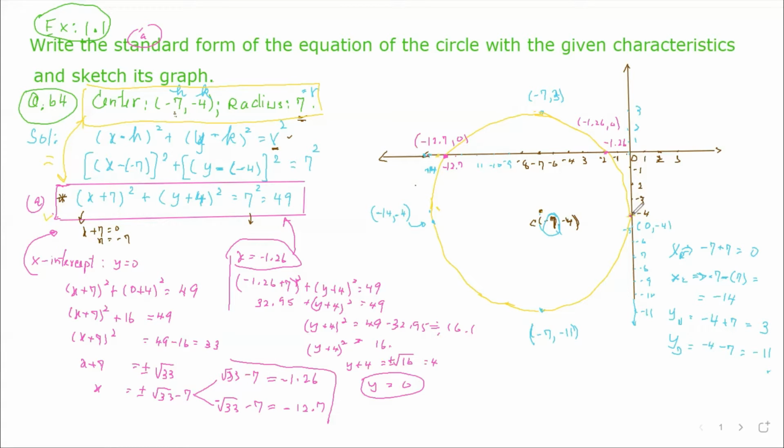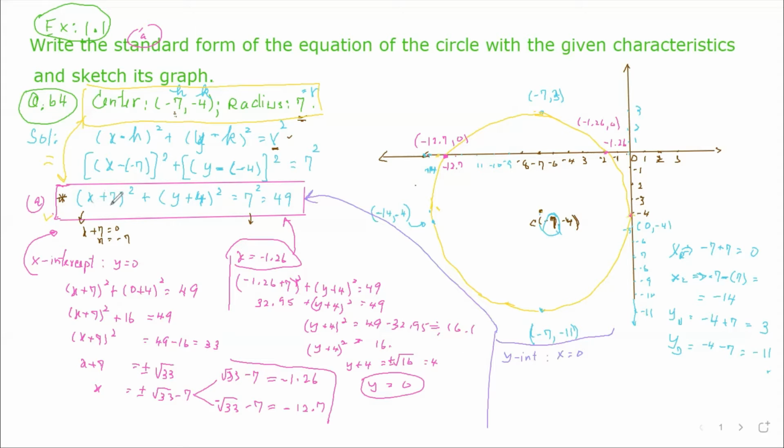The y-intercept is really clear here: x is 0, y is negative 4 from the graph, but we can do it by calculation. Let's see how to do it by calculation here. Y-intercept means x equal to 0, correct? So you replace back into the standard formula again, with x becoming 0.